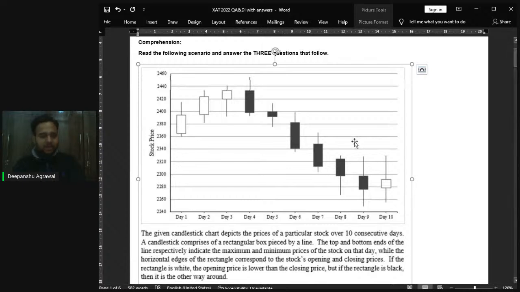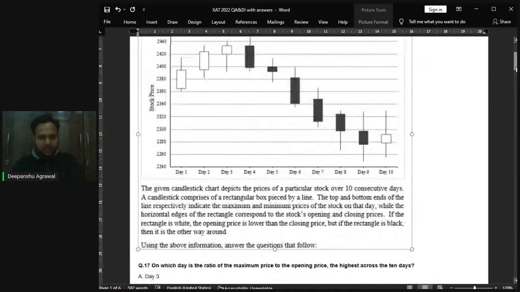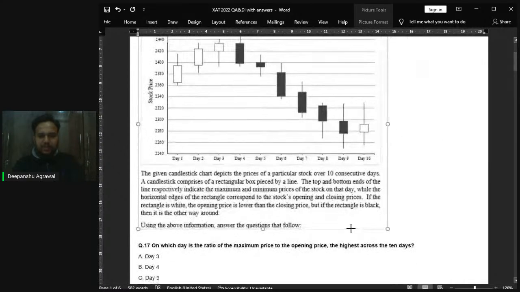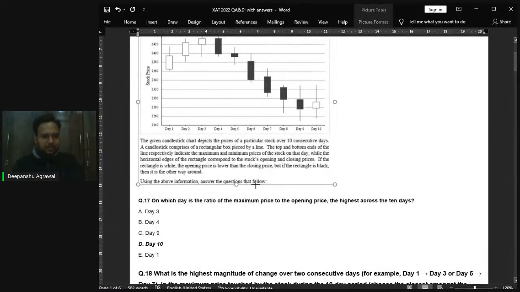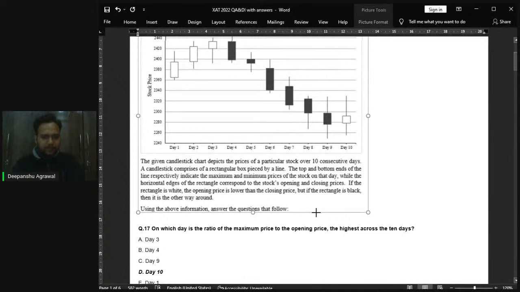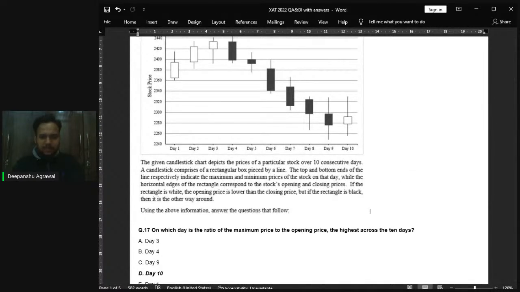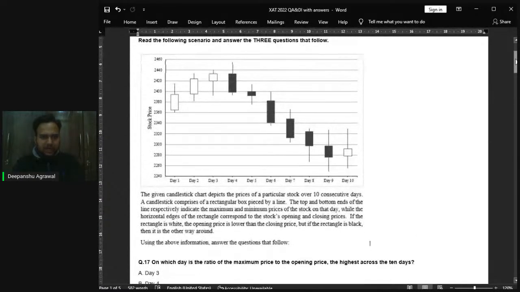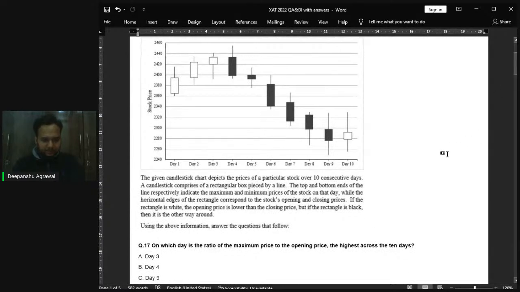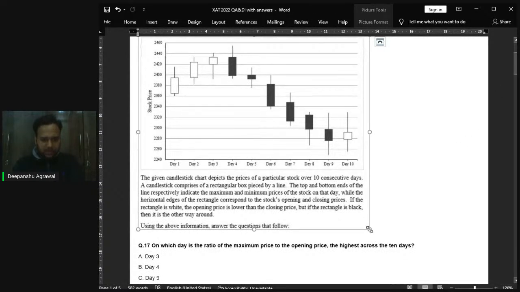For data interpretation, I hope you have gone through this question that has come in XAT. Let me reduce the size so that the data as well as the first question is clear. I hope you can see the screen clearly.